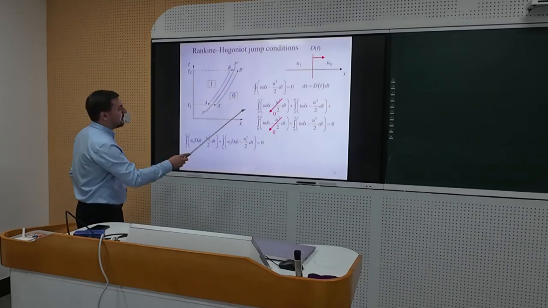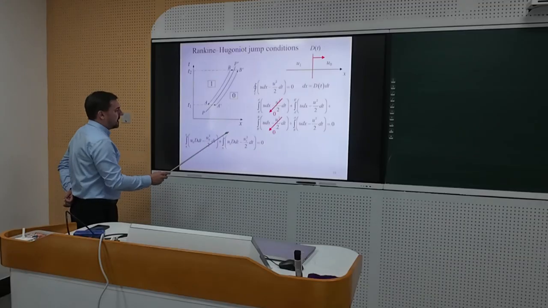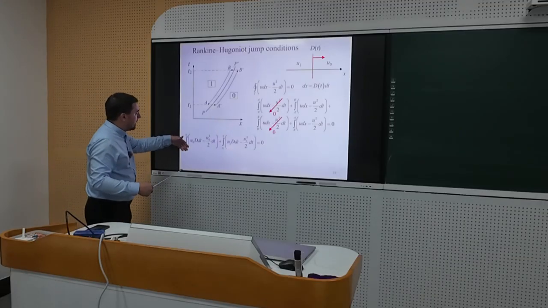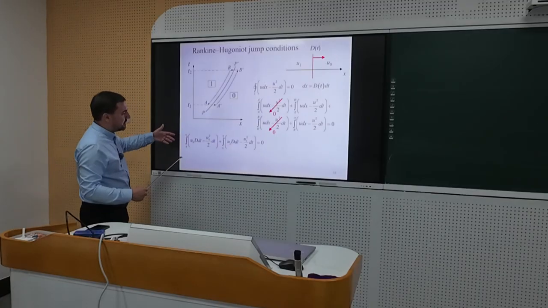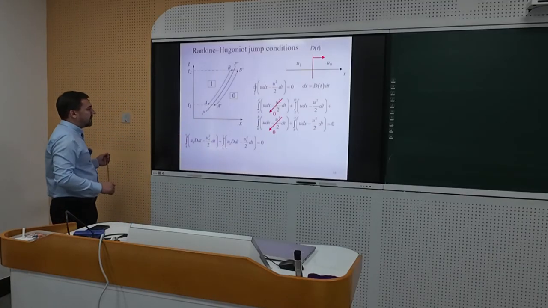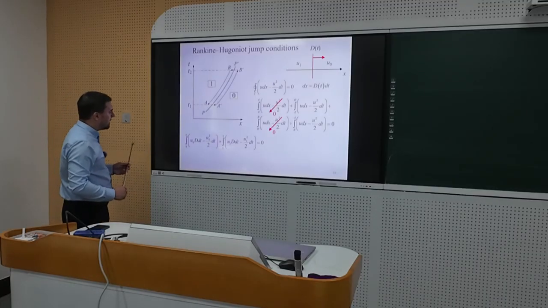And then we take into account that dx equals D dt. So we now use only one variable for integration, t, and that is why the limits for our integral are from t1 to t2, where t1 and t2 are arbitrary. Yeah, and here also wrong.